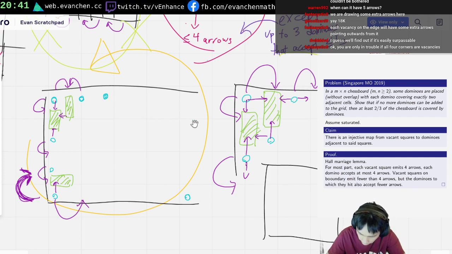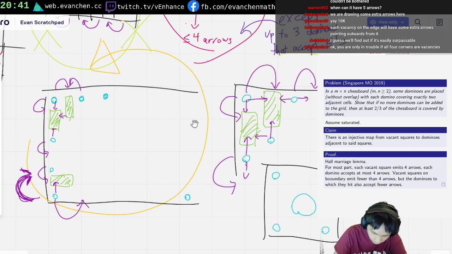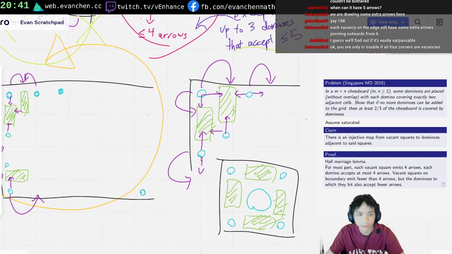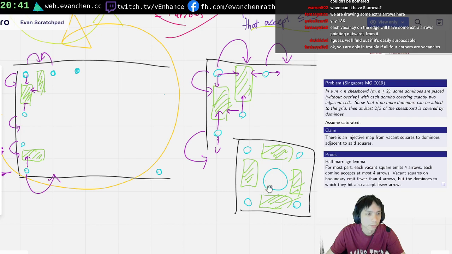Imagine this shape. This is a cartoon. The reason this is a cartoon is because I sort of imagine there's a giant vacant square here that emits 1 arrow. So it does actually emit 4.